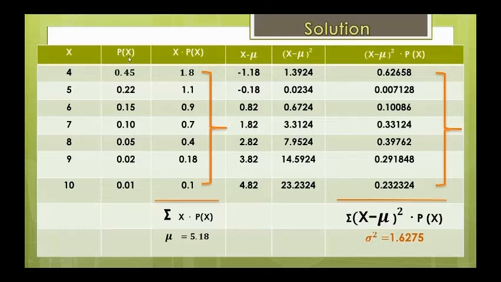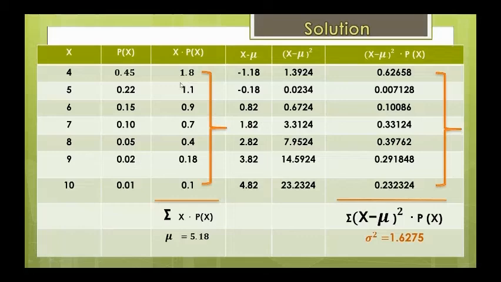And then the P of X or the probability of X is 0.45, 0.22, 0.15, 0.10, 0.05, 0.02, and 0.01. Now, for the third column, this is just the product of the first and the second column entries. So, you have 1.8, 1.1, 0.9, 0.7, 0.4, 0.18, and 0.1.